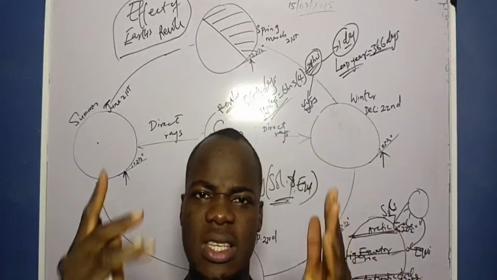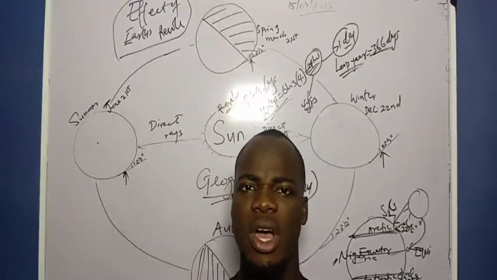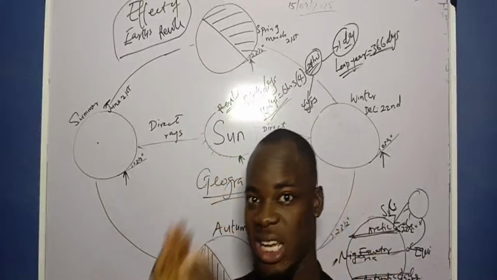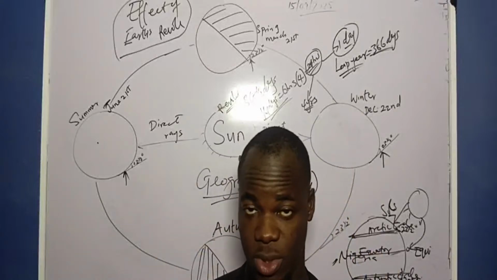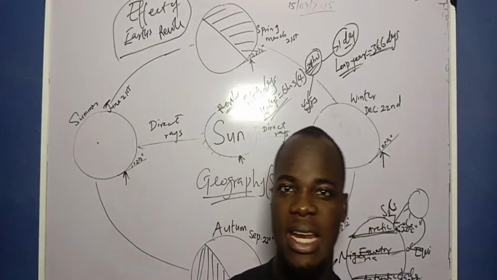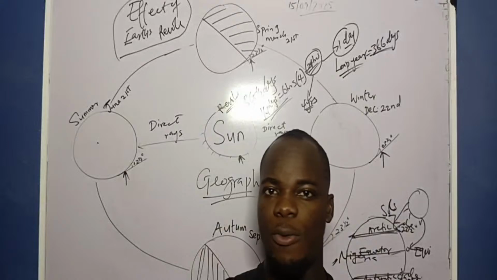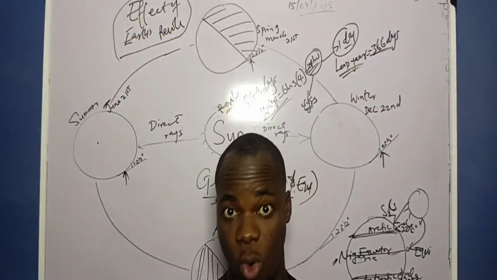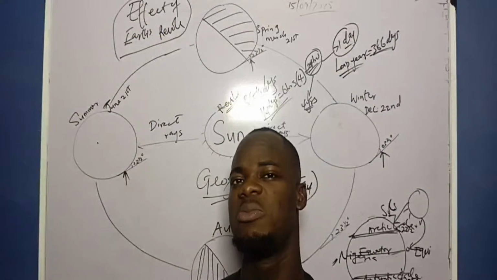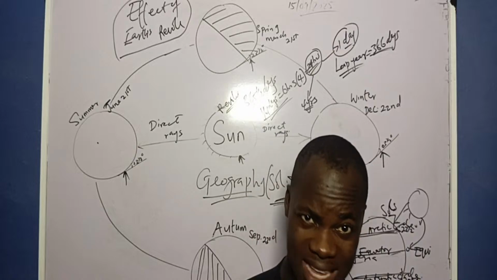So when it is focused on this region, we used to have equal day and equal night. When it is overhead at the equator, we used to have equal day and equal night all over the world, from the northern side to the southern side, which means 24 hours of day and 24 hours of night.